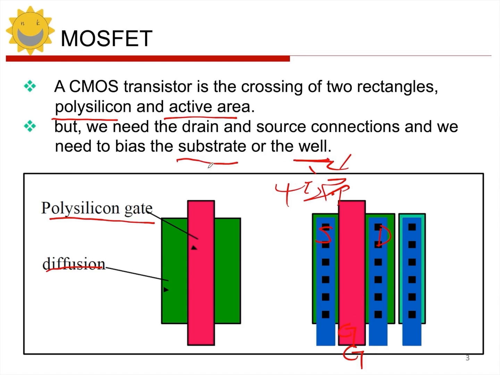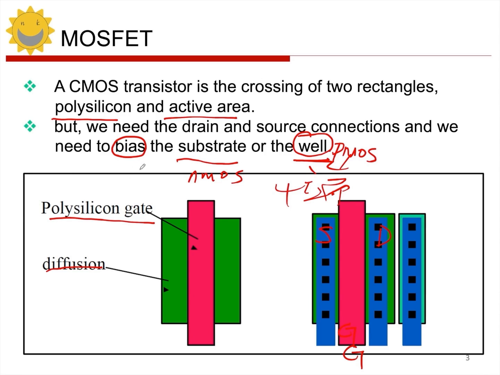For our P substrate process, if we want to draw an NMOS, its body must be this P substrate. If we want to draw a PMOS, we first need to create an N well, so the substrate for the PMOS is this N well. This means we need to apply a proper bias to the substrate or well, connecting it to the appropriate power supply or ground.